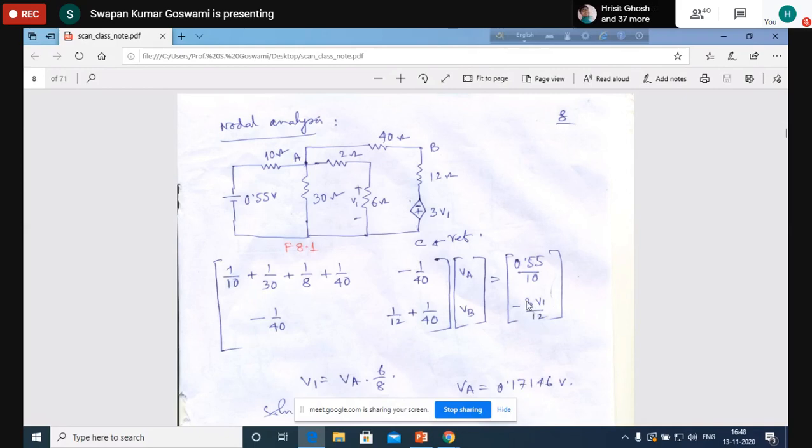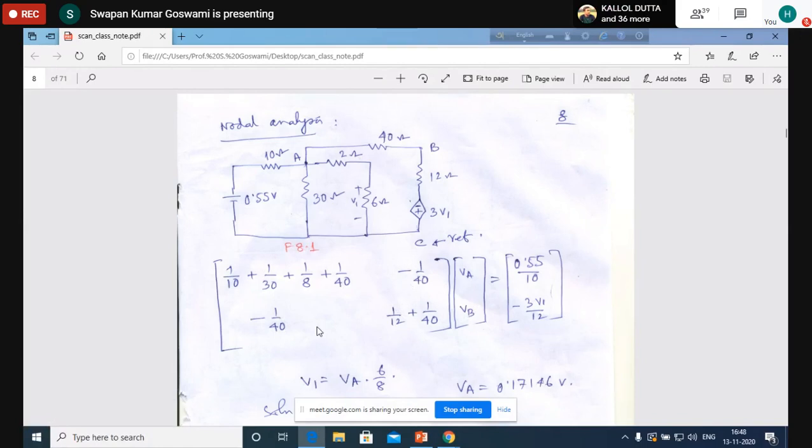Then you move this part to the left hand side, so it will be added up with this value. So now this is the Y matrix, Y12 and Y21 are not equal. That means the final form of this matrix is no longer symmetrical.